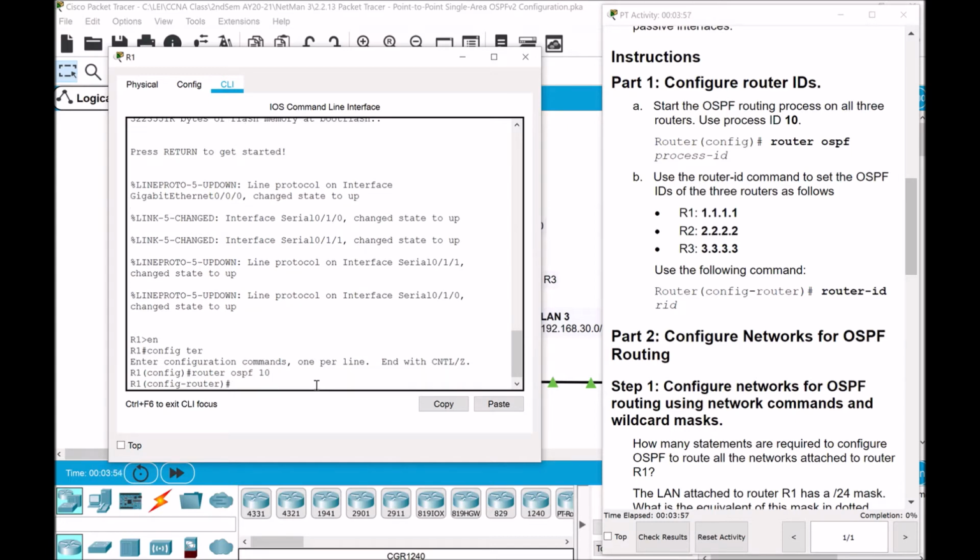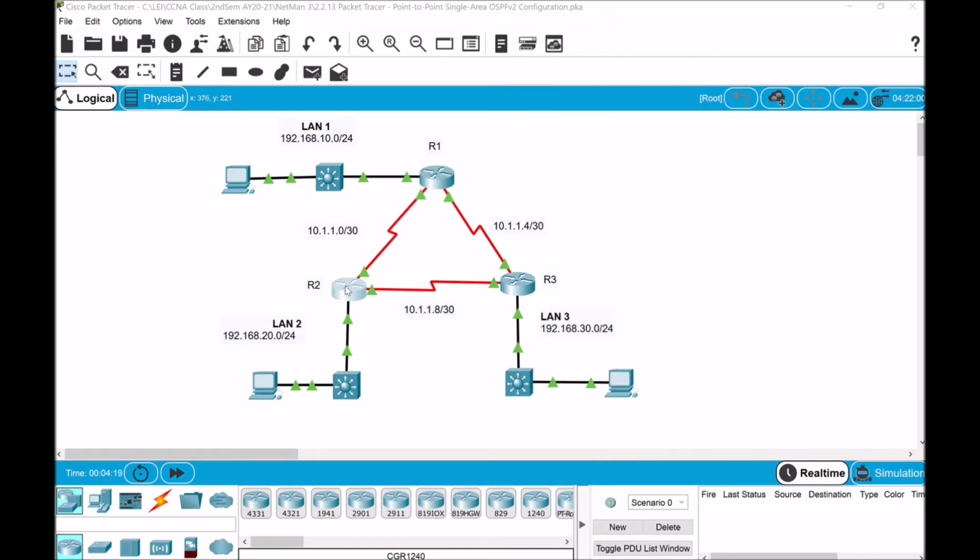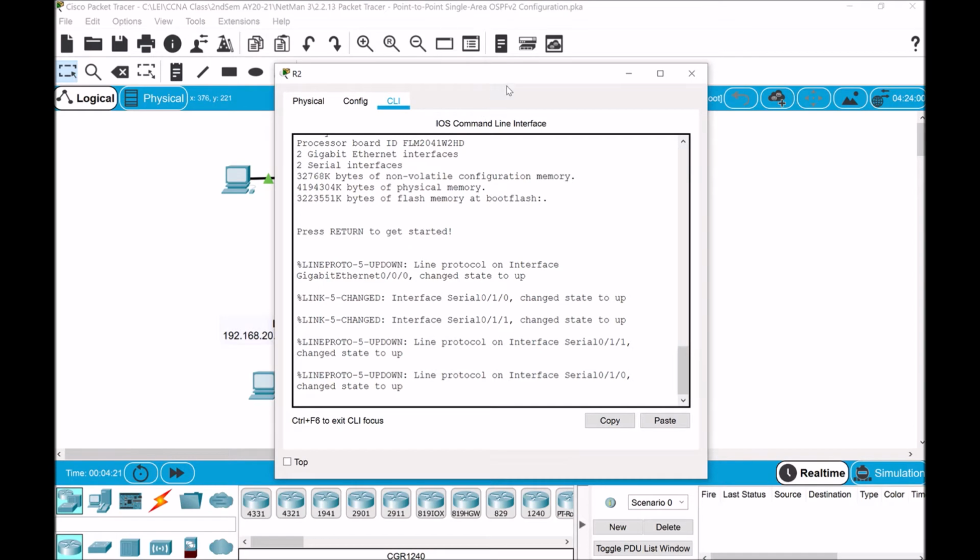Now that OSPF is enabled, we can assign a router ID. For router 1, the command is router-id, followed by the ID specified, which is 1.1.1.1. Then press enter. So we're done with router 1. Let's do the same for R2.